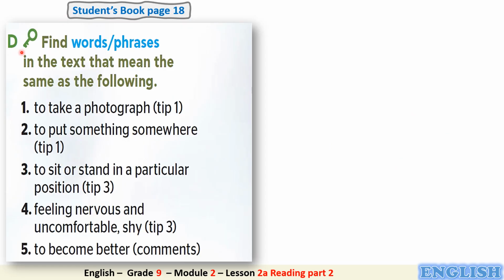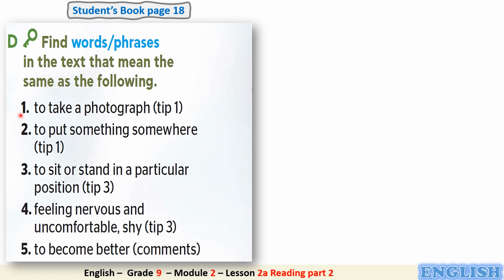Now let's move to exercise D. Students book page 18. Here we are going to find words or phrases in the text that mean the same as the following. As you see here, we have 5 meanings or 5 definitions.